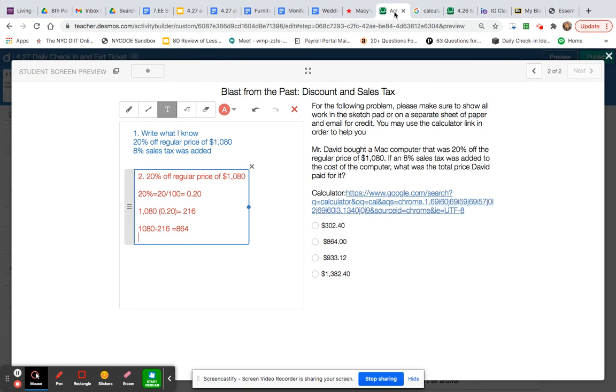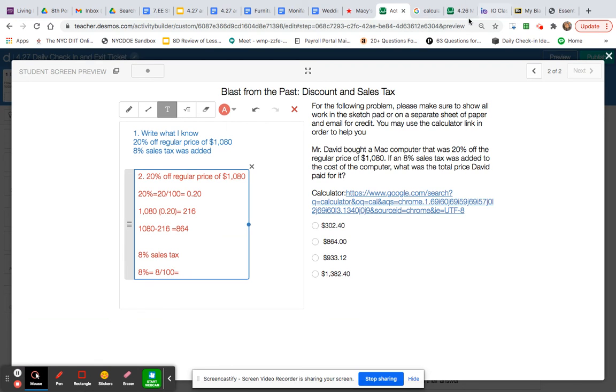No. We also have an 8% tax, because anytime you're buying certain things, there's a tax. In this case, the 8% sales tax has to be added to whatever the discounted price is. So we know we have 864, right? First we need to apply the 8% tax. 8% is the same thing as 8 divided by 100.